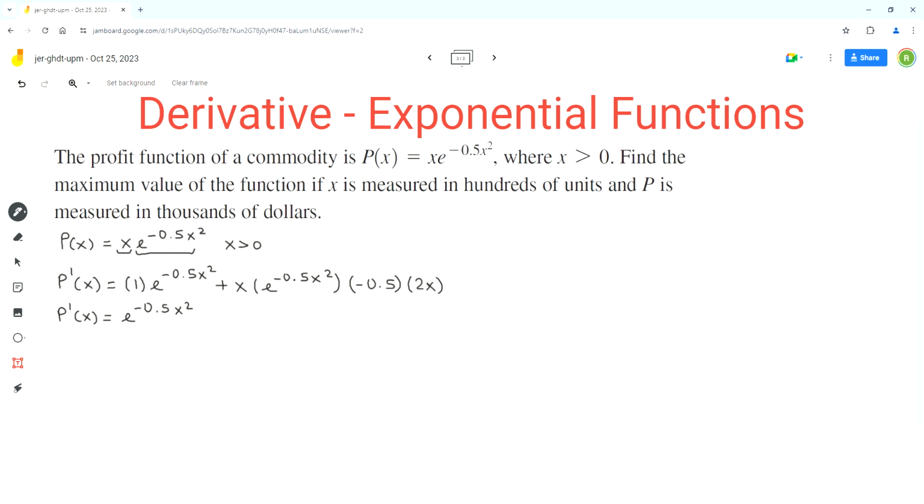And in the second part, negative 0.5 times 2x will just be negative 1x, and negative 1x times the x at the front will just be negative x squared, times the e term. Now we can set the derivative equal to 0 so that we can find the value of x at which the tangent is horizontal.